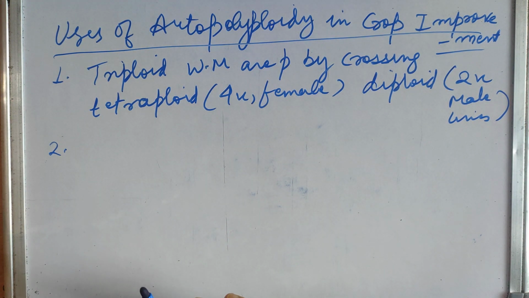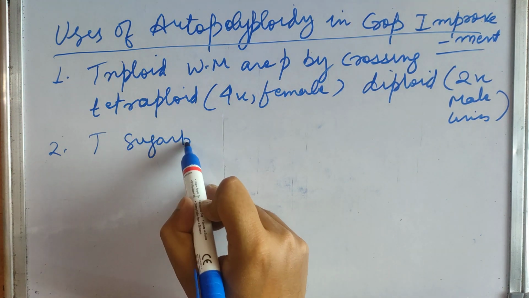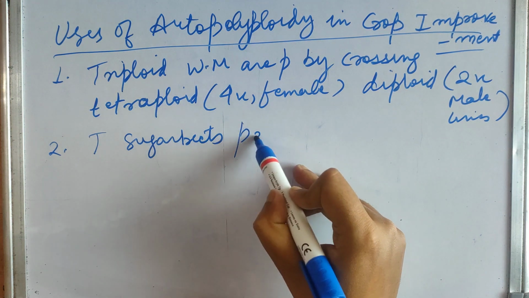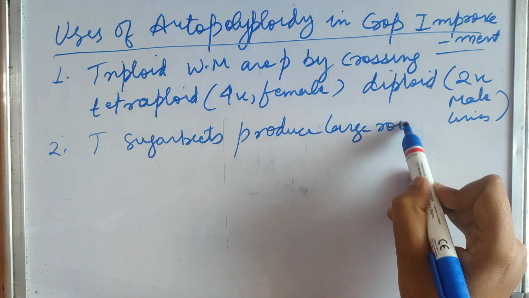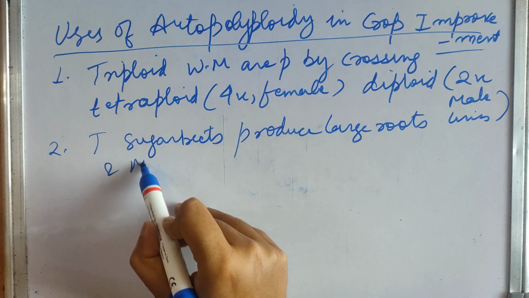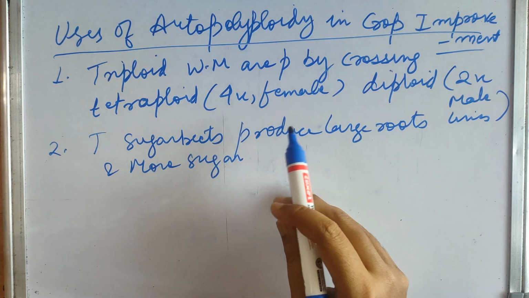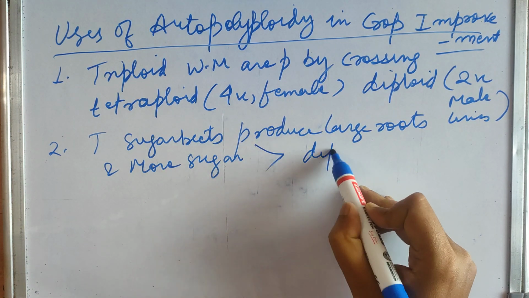Triploid sugar beets produce large roots and more sugar per unit than diploid sugar beets.